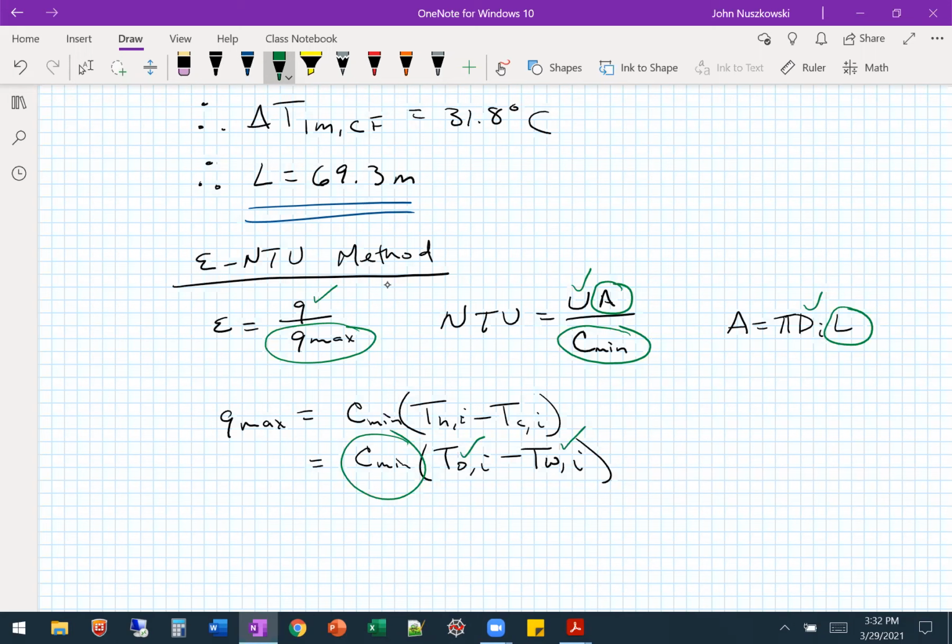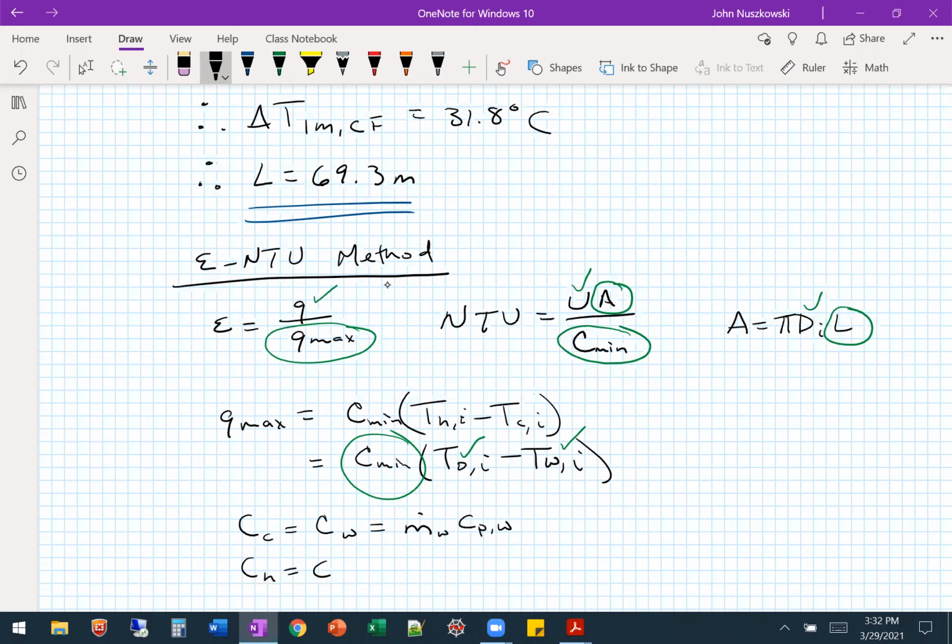It's for whichever heat capacity rate is the lowest, I think. Yep. So let's look at the cold fluid, which is just our water: mass flow rate of the water times the CP of the water.